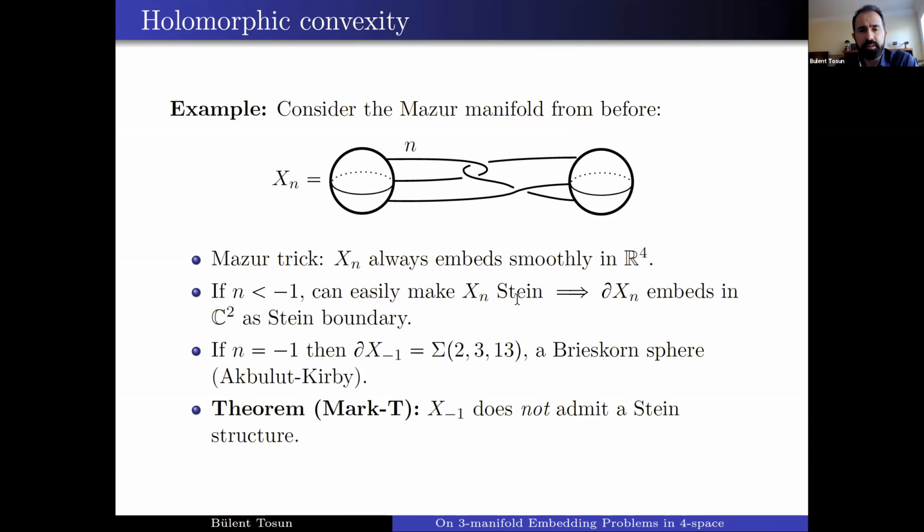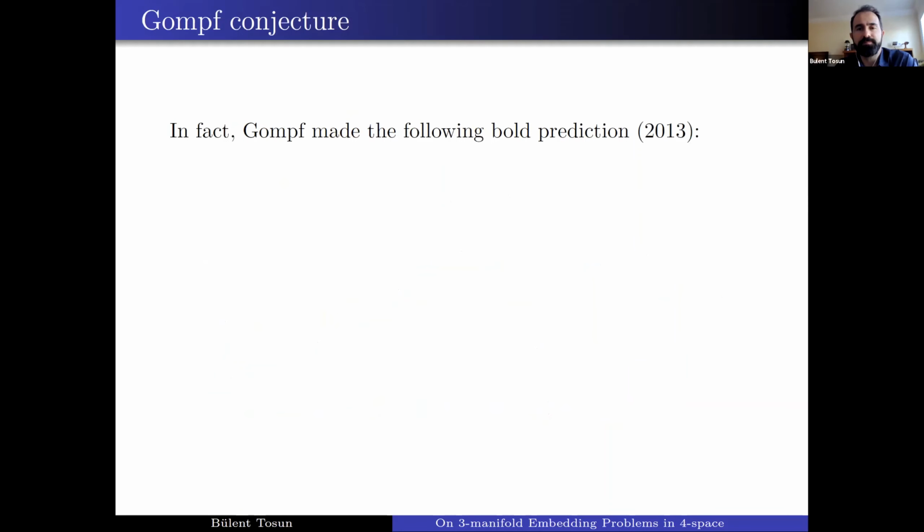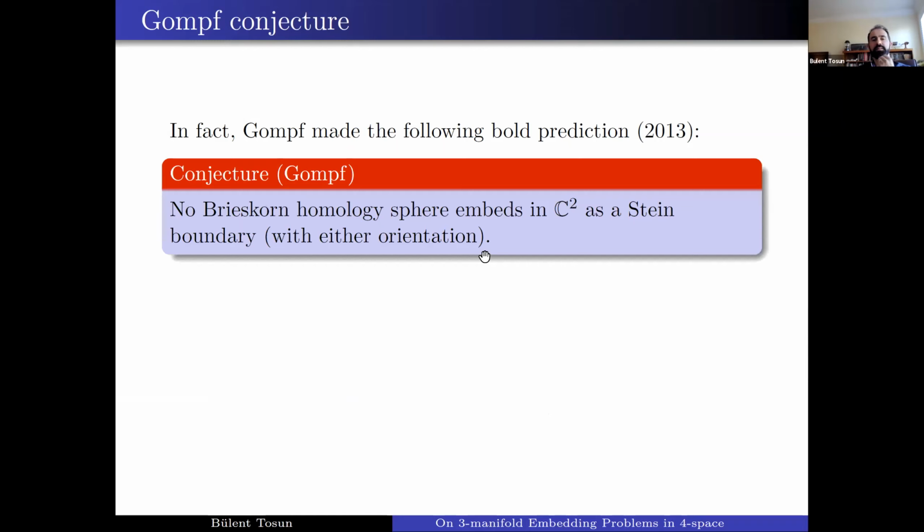So we had a slightly different motivation when we were trying to answer this question, but in reality there is a much deeper conjectural prediction behind this result, which is this conjecture of Gompf, who claims that indeed a Brieskorn homology sphere will never bound a Stein domain in C^2, and he conjectures that this will be the case with either orientation.